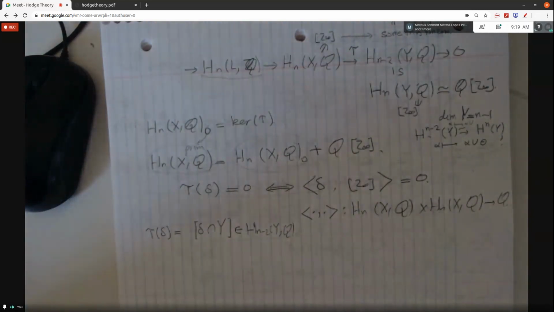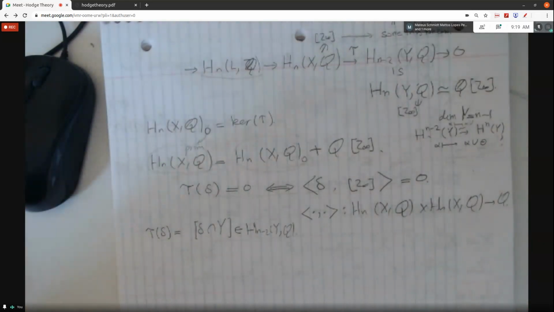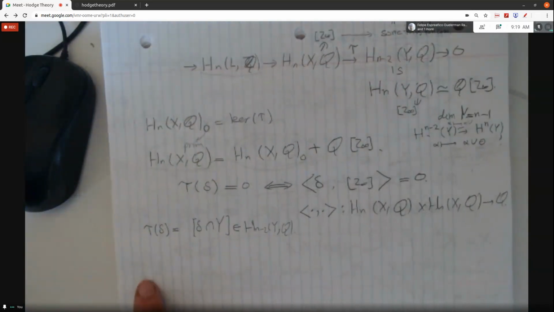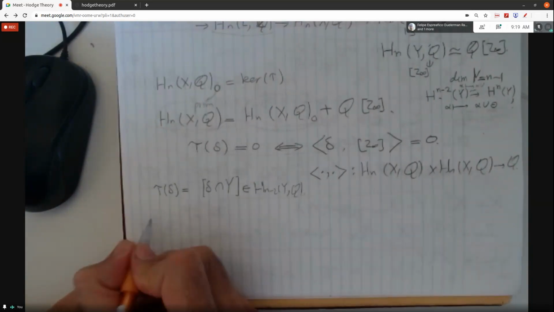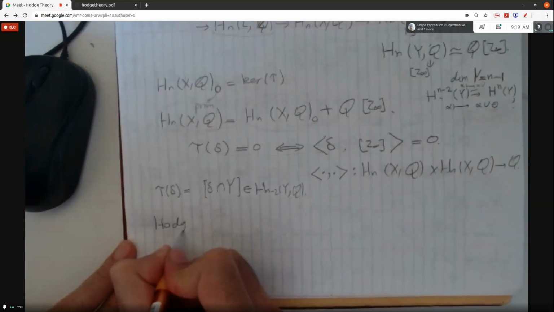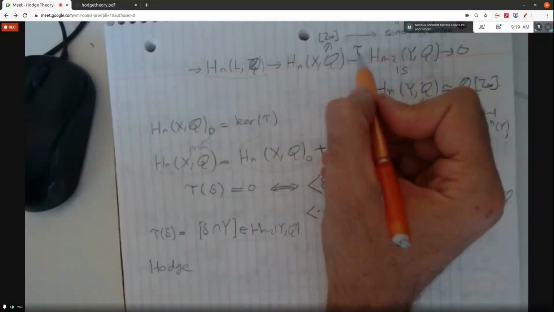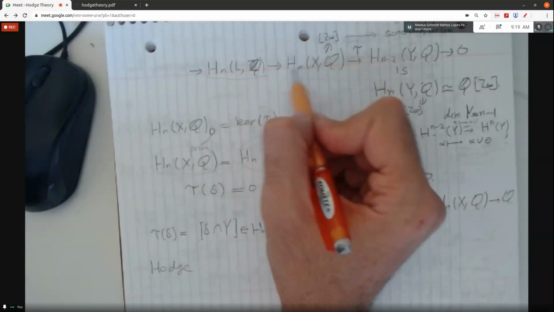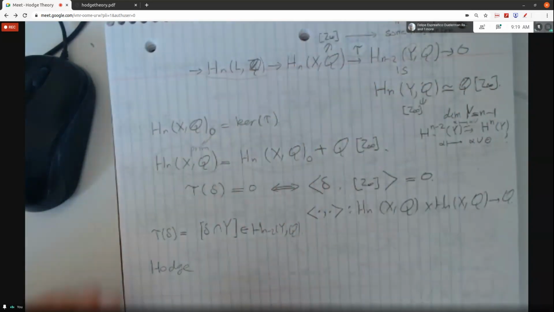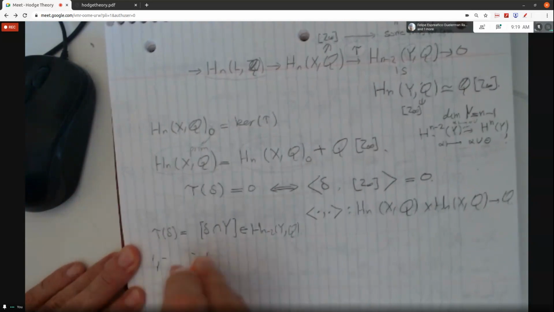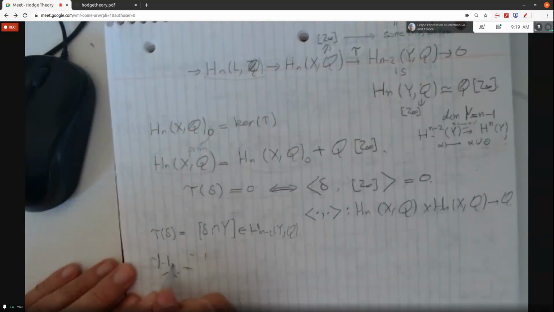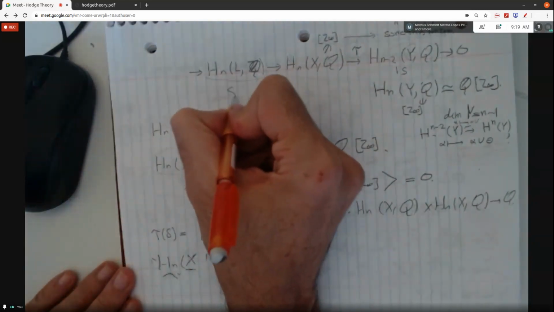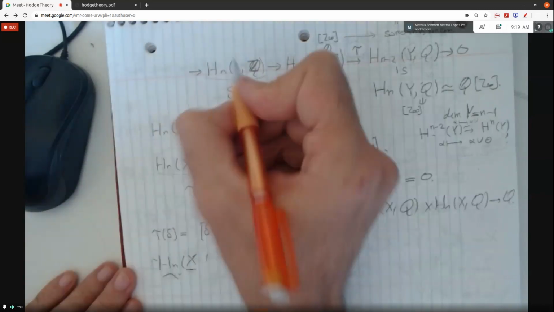And yeah, so again, I remember the Hodge cycle. Anyway, the kernel of tau are the images of this one. This means that at the end of the day, remember that delta beta here form a basis.